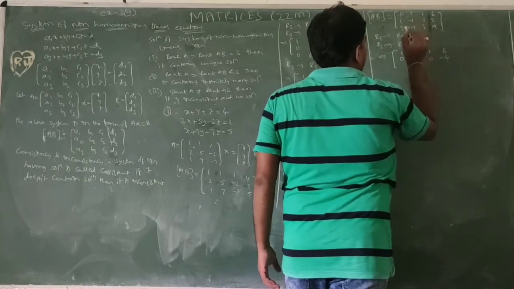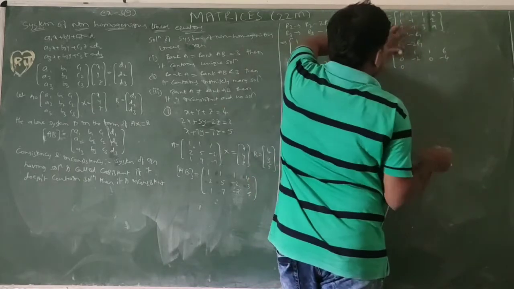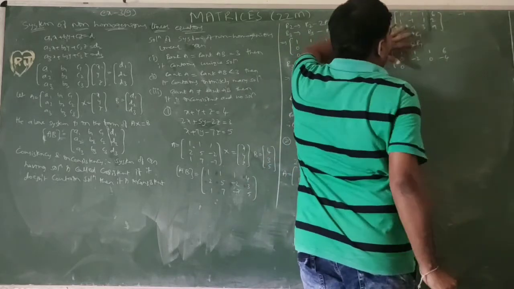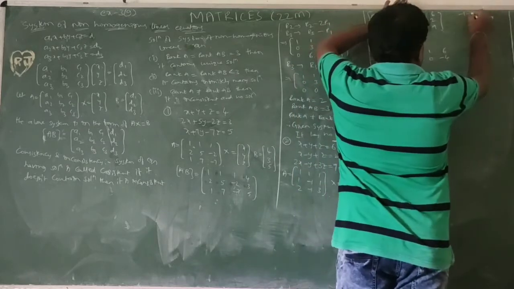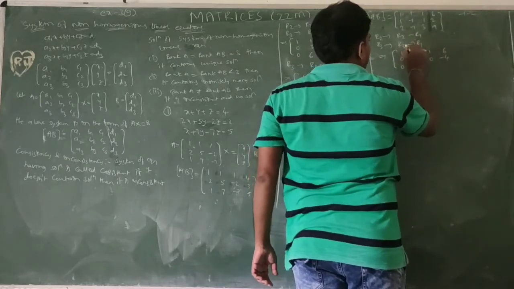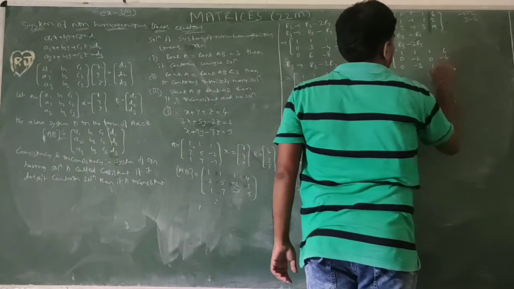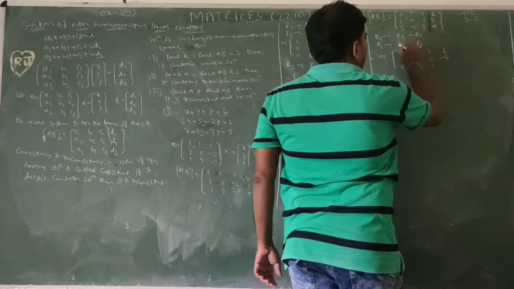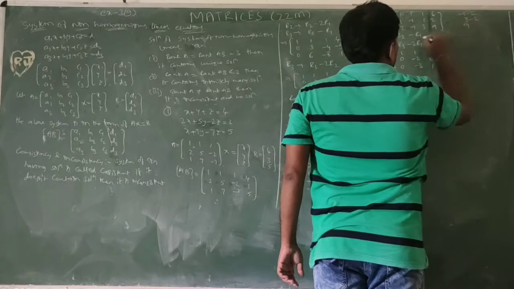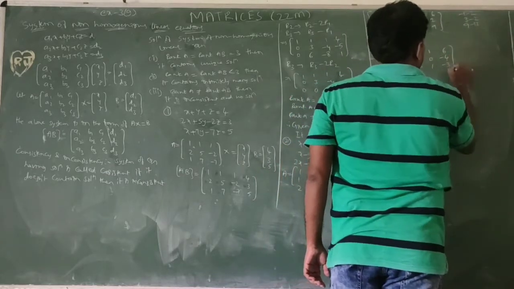Next, R3 changes to R3 minus 2 R1: 2 minus 2 is 0, minus 1 minus 2 is minus 3, 3 minus 2 is 1, and 9 minus 12 is minus 3.